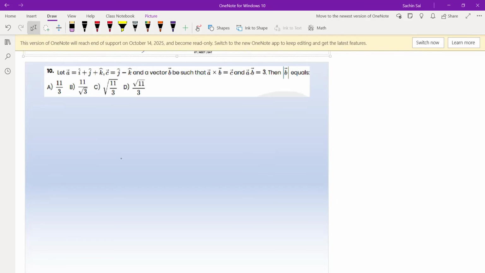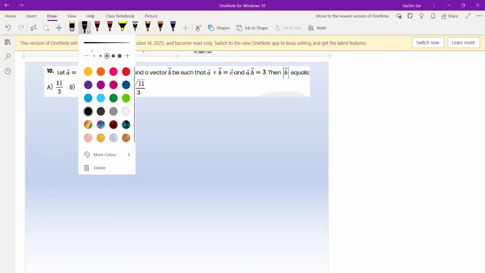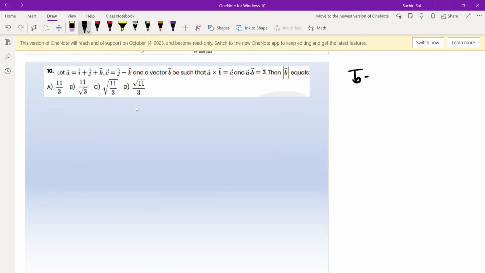So in this particular question, we'll try to solve this without having to assume that b bar is x i cap plus y j cap plus z k cap. Letting b bar equal x i cap plus y j cap plus z k cap is one solution, but it is going to be lengthy. We'll discuss why that happens. But first, let's look at this question, right?